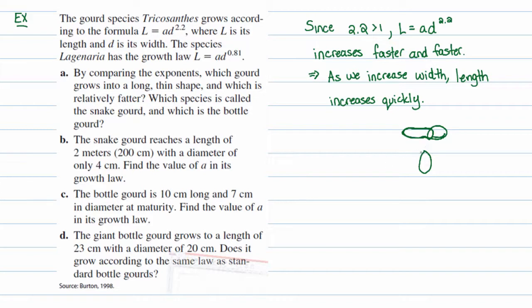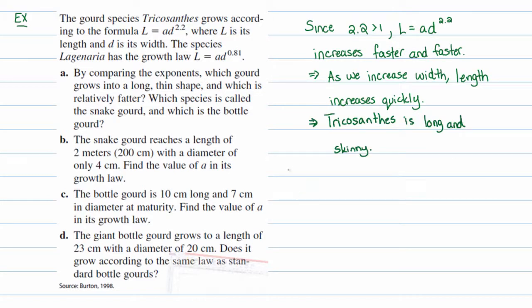So we doubled the diameter, but the length might actually triple or quadruple or something like that. Okay, so we get something like this. And so this lends itself to a very long shape but skinny. Okay, and so that means that the Trichosanthes will be a long, skinny shape.